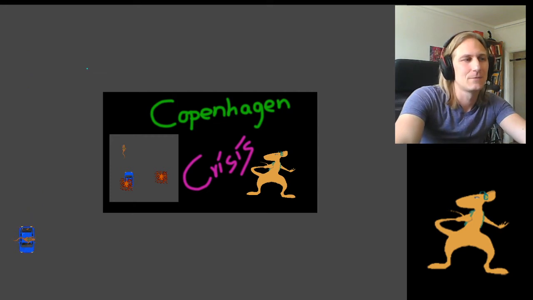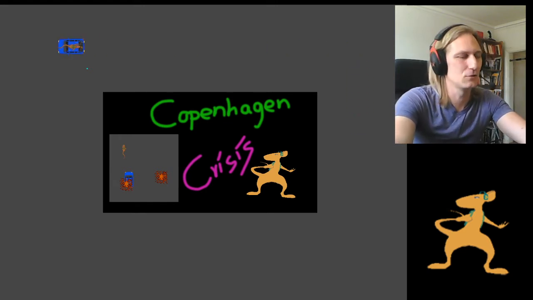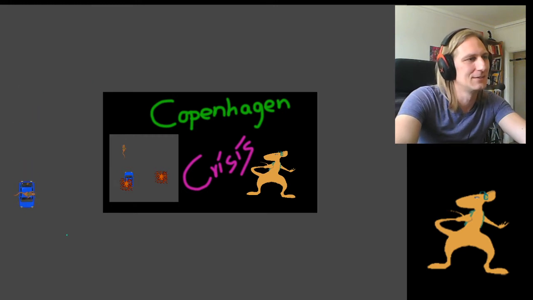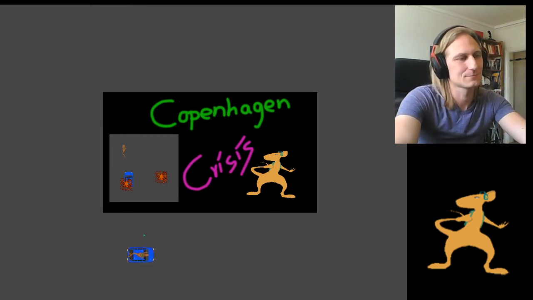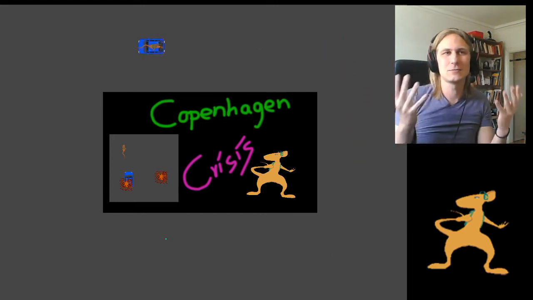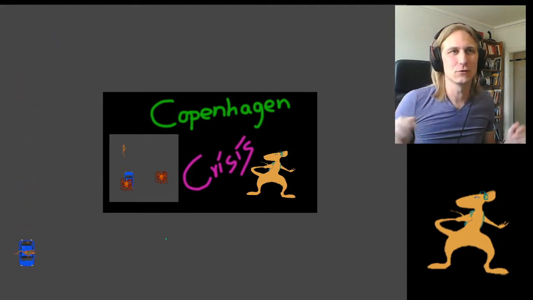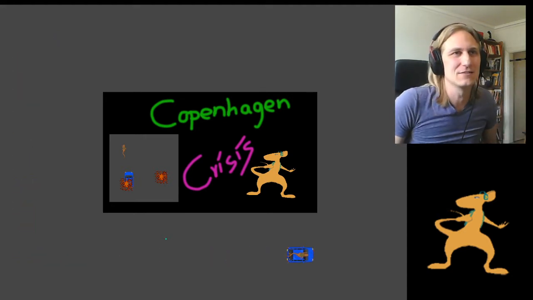And apart from the graphics, it's the first thing that adds a level of personality, of distinctiveness to my game. Gives it a bit of identity as Copenhagen Crisis, because it's going to be an integral part of it. The way it's about running around town, shooting cannibals and looking for puzzle pieces, basically.